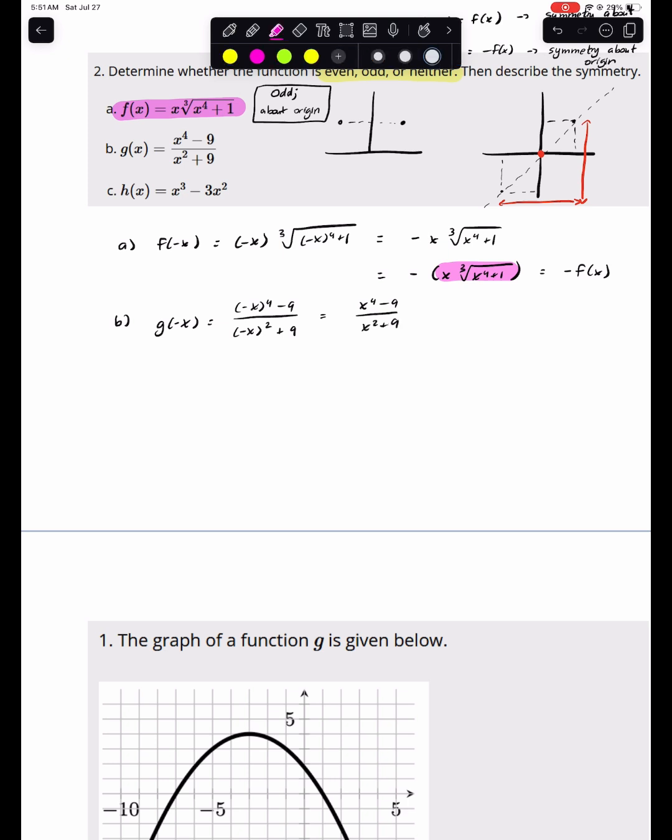And you see that, again, I'm going to highlight our original function. We get the same function again. So it's equal to itself, right? With normal x. So this is even, with symmetry about the y-axis.